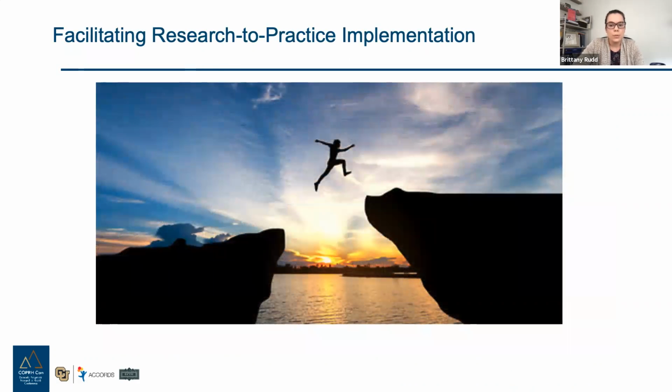It's a missed opportunity to improve research to practice implementation. Echoing Dr. Mittman's plenary yesterday, transparent reporting of implementation strategies and alignment with implementation outcomes provides a clear picture for clinicians and administrators regarding what implementing a given clinical intervention and the associated implementation strategies entails, setting them up for success.